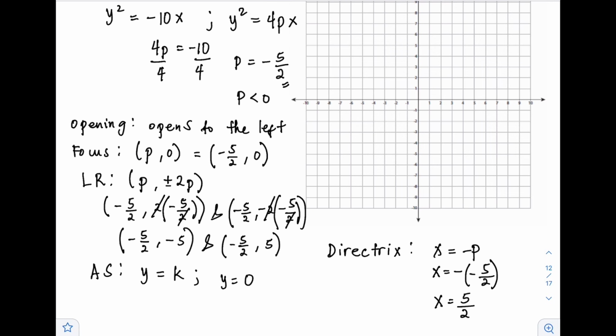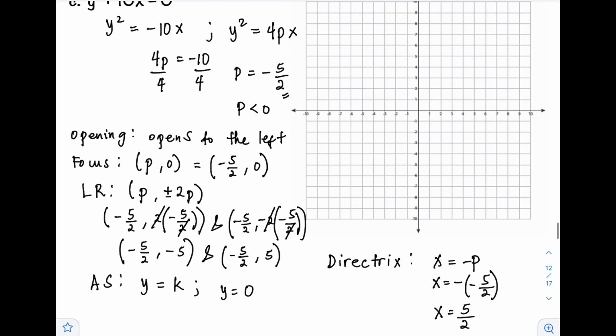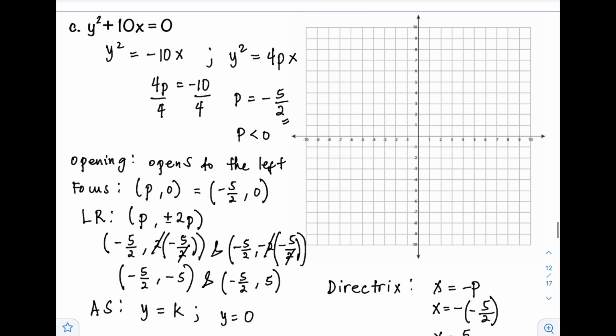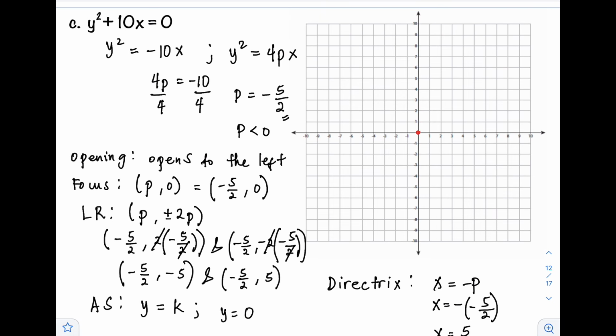Okay, so after natin ma-identify yung ating parts ng ating parabola, so pwede na natin yan i-graph. Okay, so una is again, plot muna natin yung ating vertex na makikita sa origin, followed by the focus, which is (negative 5 over 2, 0).